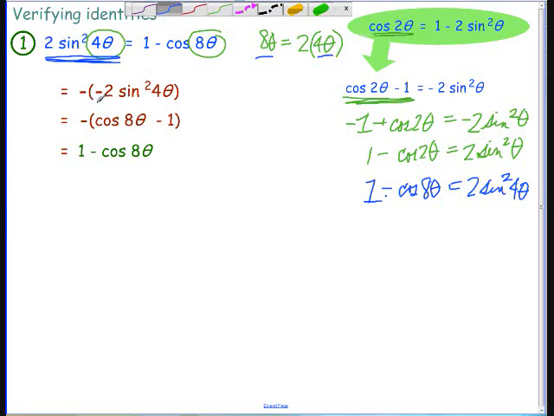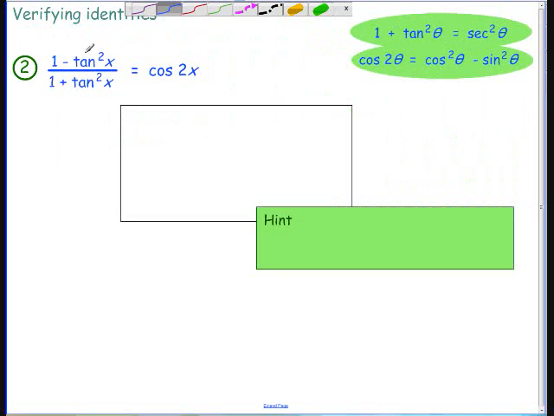And then I'm going to recognize that negative 2 sine squared theta is the same as this expression. And of course we've got this negative hanging around on the outside, and the very last thing I do is distribute this. So it may be helpful in verifying identities if you go off to the side for a few minutes and think about the relationships that you're seeing.